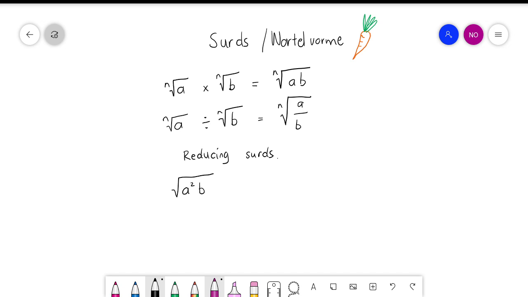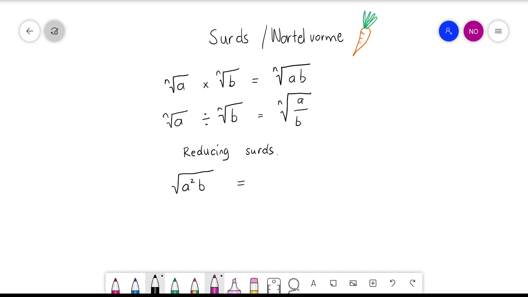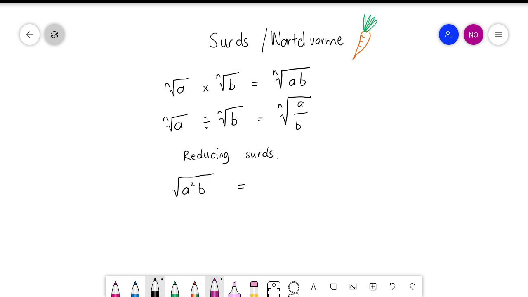If I have something like that, I can do the inverse of this top one and split it up into two, which I can then just write as A root B.